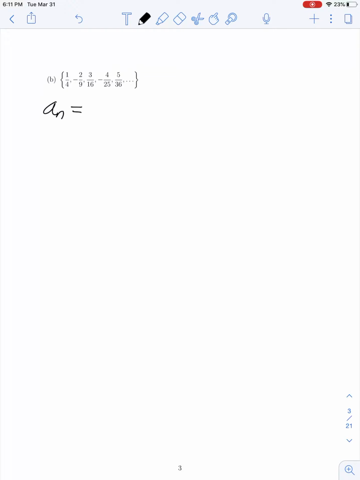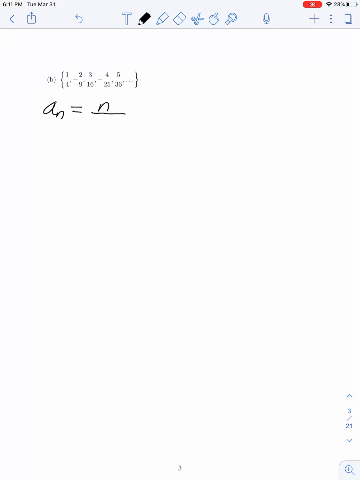So let's see if we can find a general term or the formula for the general term a sub n. So in this example, again, our terms all involve fractions. And usually when the general terms of my sequence involve fractions, I like to think about the pattern in the numerator and the denominator separately.